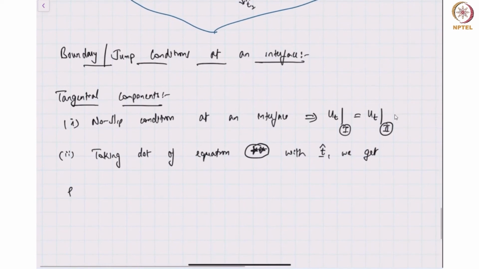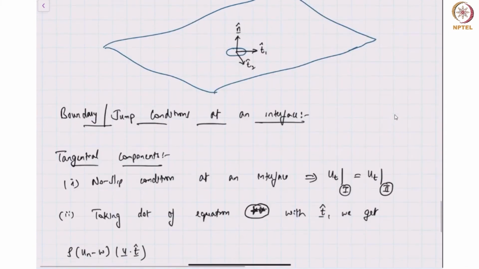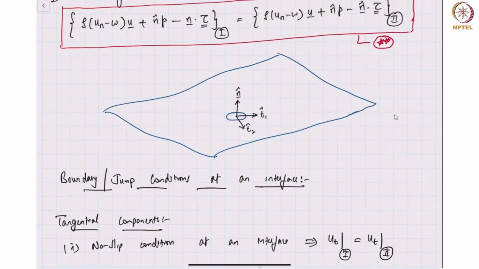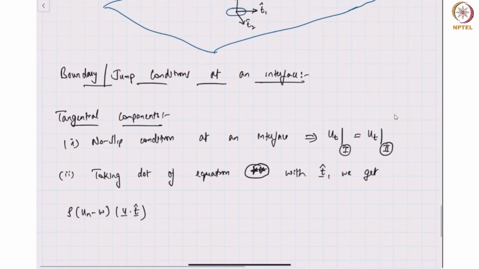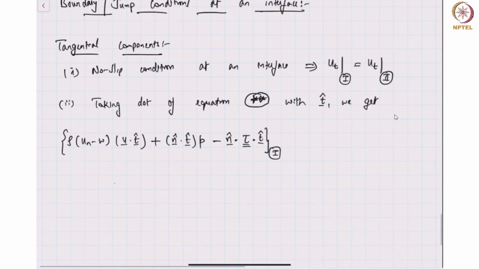The first term is rho (un minus w) times u dot t. Then I have plus n dot t of p. That's the pressure term. Finally, I have n dot tau dot t. Tau is the deviatoric stress tensor. This is over region 1, and it is exactly the same over region 2.